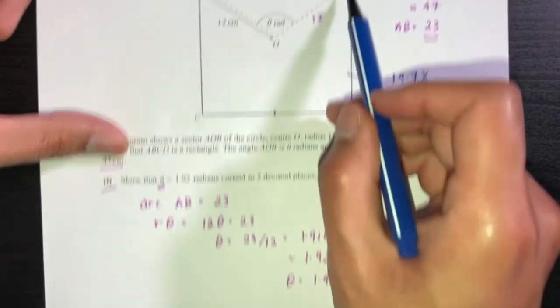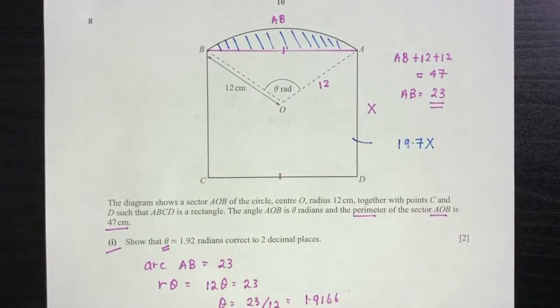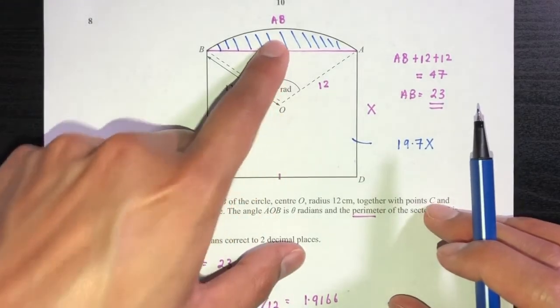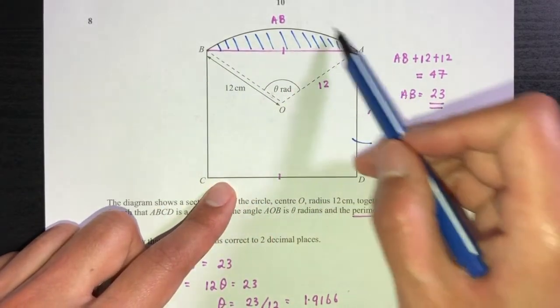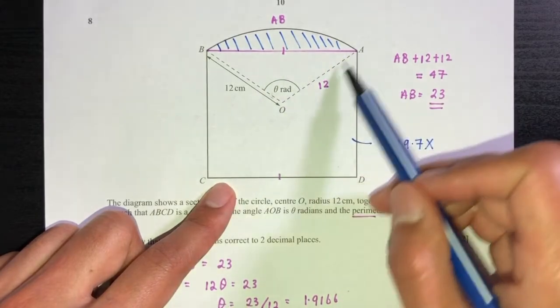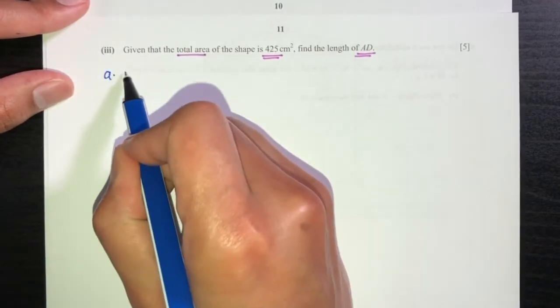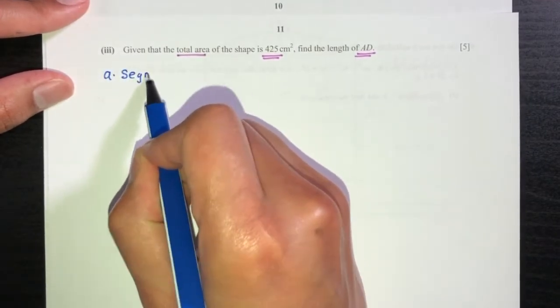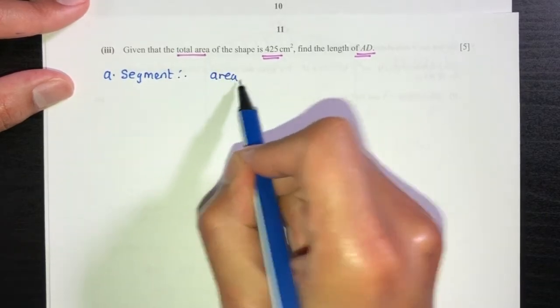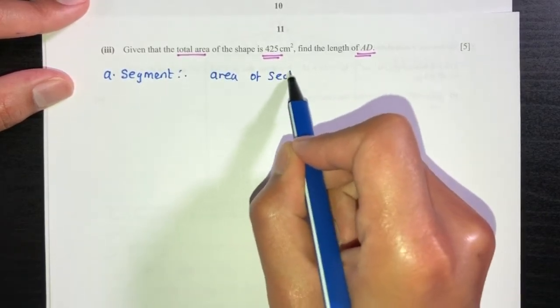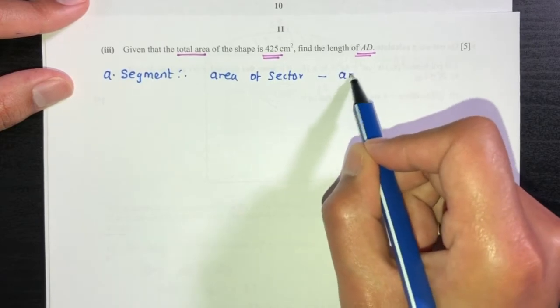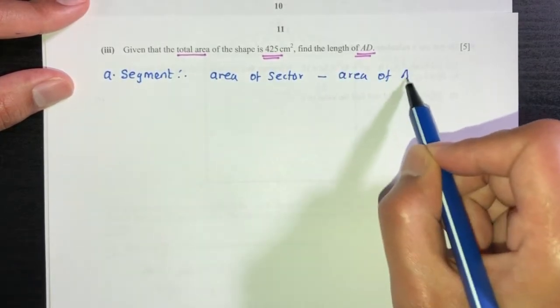Now we have to find area of segment. So how do you find area of segment? You have to find area of sector minus area of triangle to get area of segment. So let's do that. Area of segment is equal to area of sector minus area of triangle.